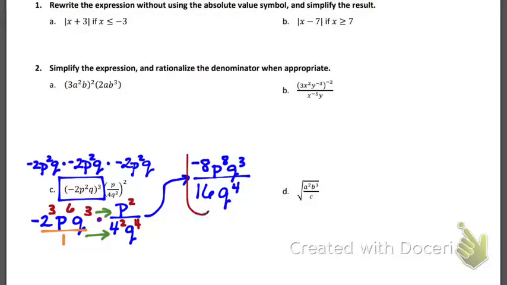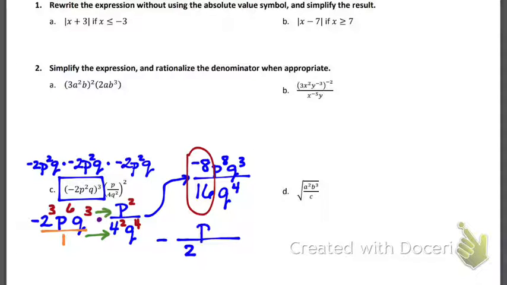-8 over 16, will that reduce? -1/2. So I have a negative, it's going to have a 2 in the denominator. I'm putting the negative out in front. You can also put it up with the numerator. That's perfectly appropriate. Will anything reduce with p to the 8th? Nope.